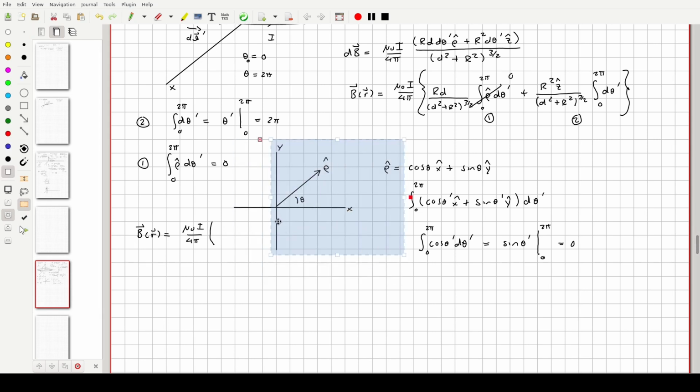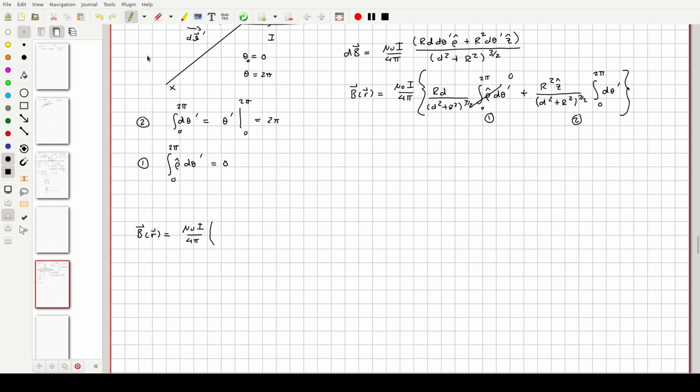Let me clear my work area out here so I can have some space to write. We have a capital R squared, a z hat. We have a d squared plus r squared raised to the 3/2 power. And then we have the value of our integral, which is 2 pi. So pi cancels. 2 cancels with one of the 2's down here.